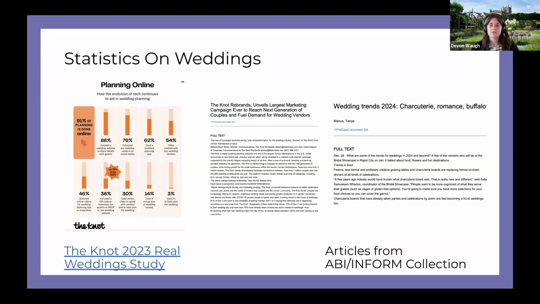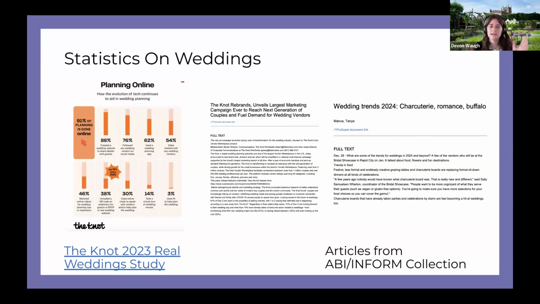And it took me to some of these examples, like The Knot, which is one of these industry directories, with their real wedding study. And so that was also a great tool. Data Axle is not necessarily your end-all be-all, but it is a puzzle piece in your search.